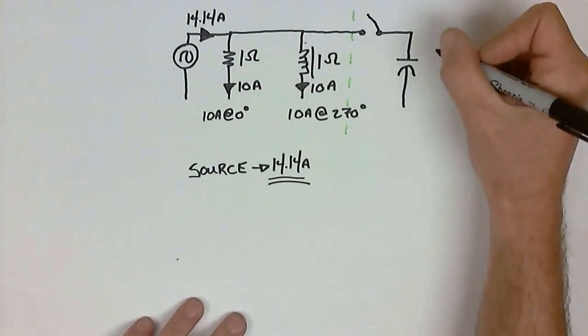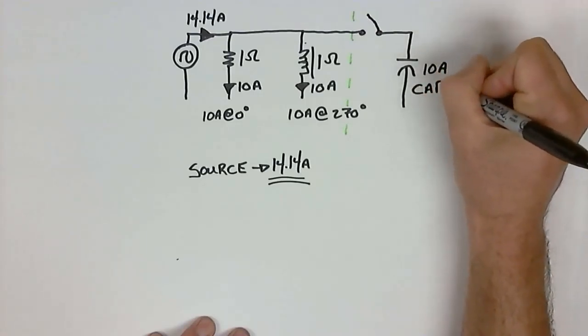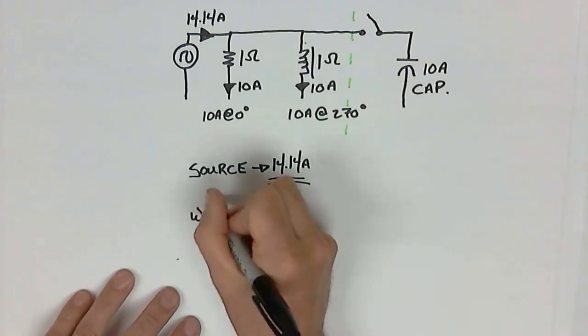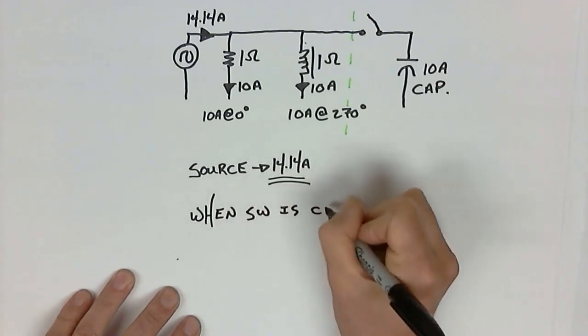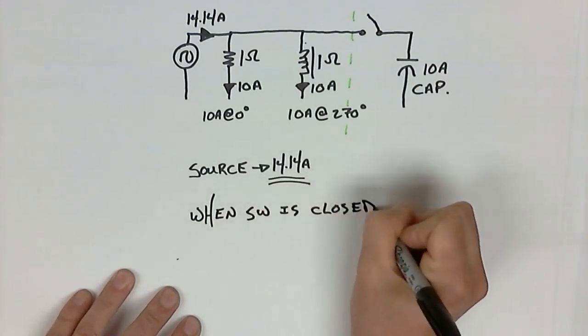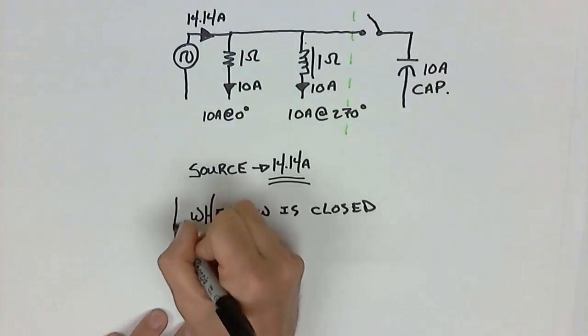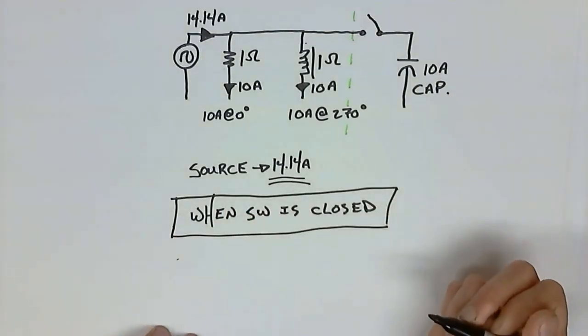And by adding a, let's say, 10 amp capacitor, what will that do? When I close the switch, what will happen to the total amount of current that my source must provide to the circuit?